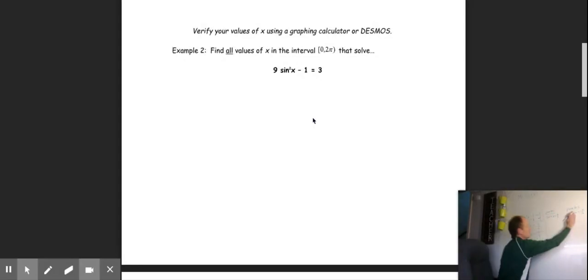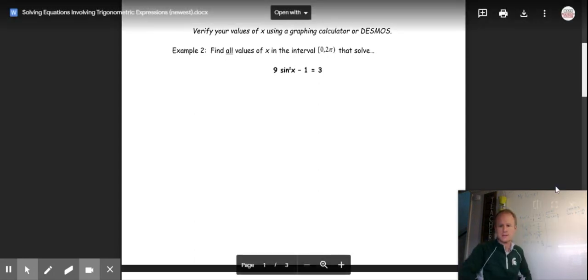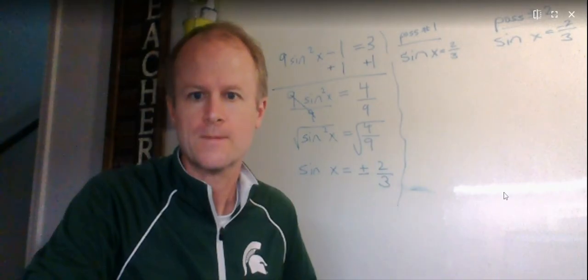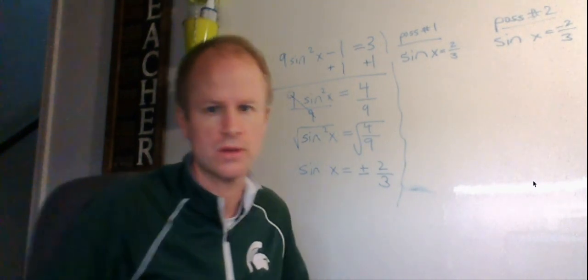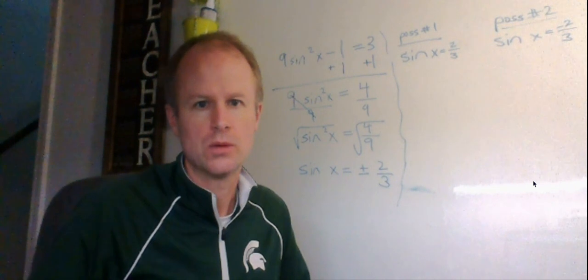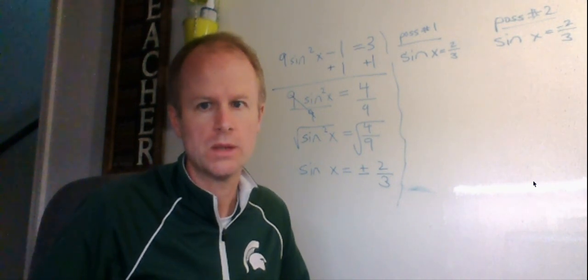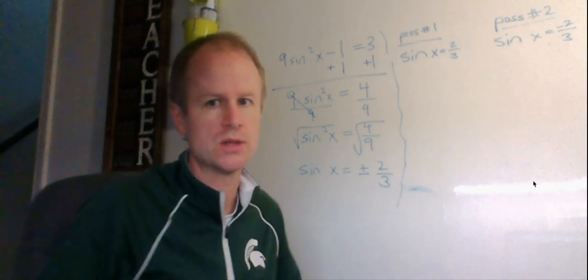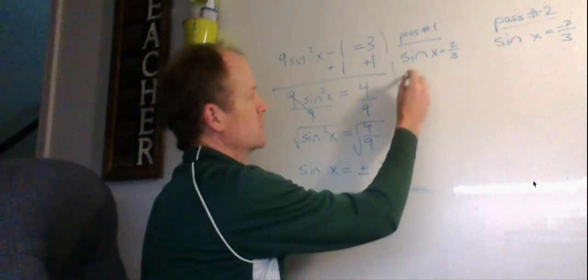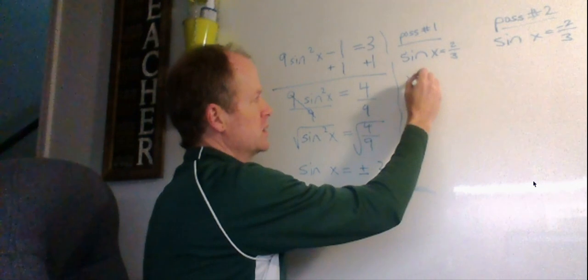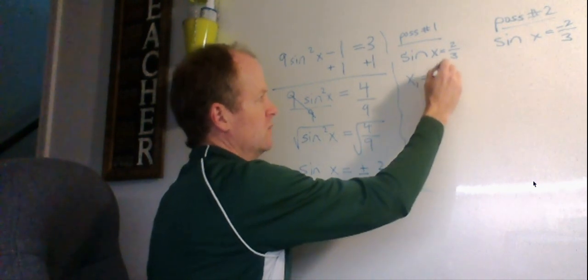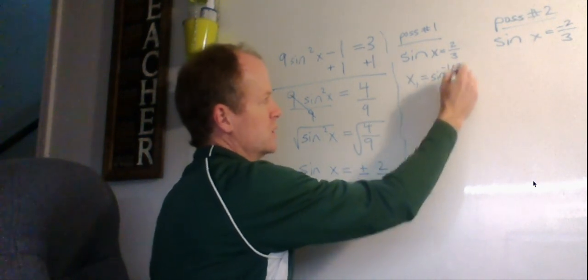So actually, I found out that sine of x is 2/3, or sine of x is negative 2/3. All right. So now what we need to do is undo the sine. So the opposite of sine is inverse sine. So I know that x, I'm going to call this x1, is equal to sine inverse of 2/3.